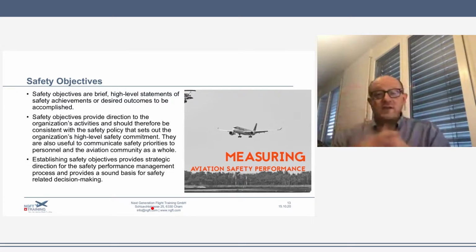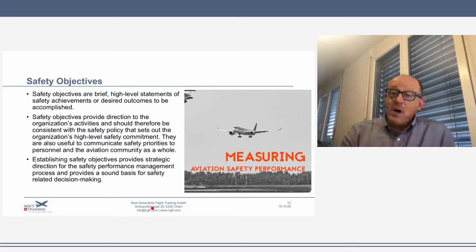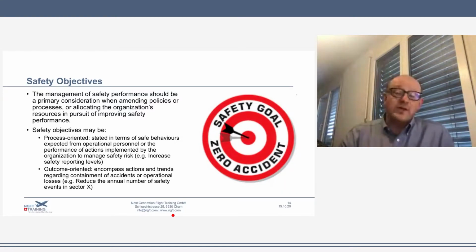So we want to have safety. It's part of the safety policy, obviously, but it's important so everyone in the company understands what we want to achieve and what our guiding principles are. Now, that's the strategic direction we need from the safety objective.